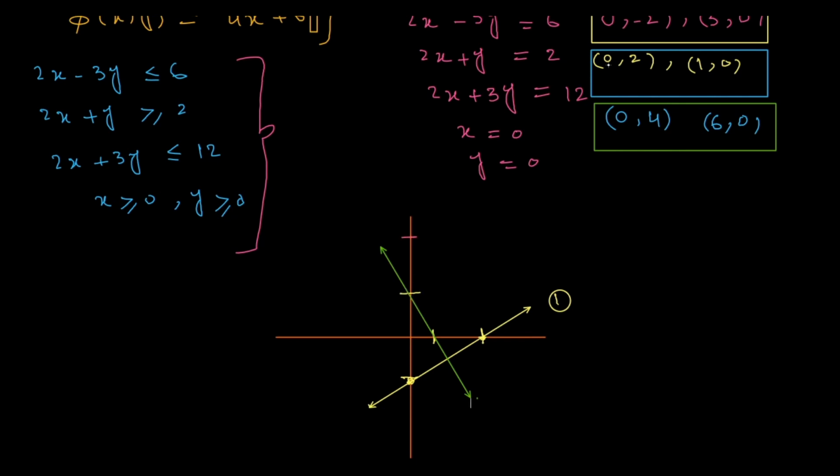Okay, this is 4. And 6 comma 0 means that if this is 3, here it will be 6. So now the next line will pass through these 2 points. Okay, let us draw the line from these 2 points.